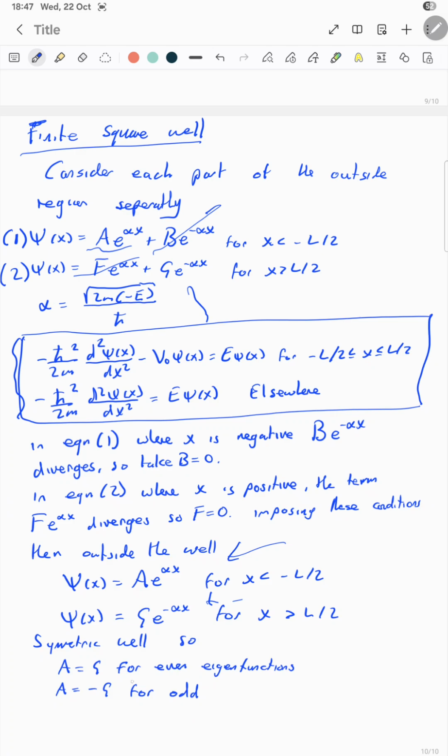This is a symmetric well, so for our normalization constants here, A equals G for even eigenfunctions and A equals minus G for odd functions. And this would be for the outside of the wells here. So one of the solutions could be a decay outside of the square well, and this isn't taking account of what's going on inside here. Could be something like this or whatever.